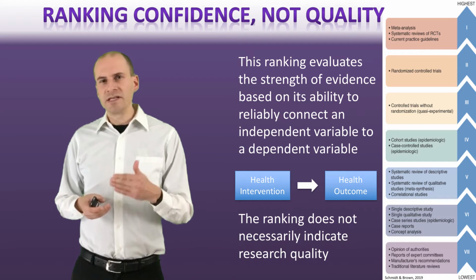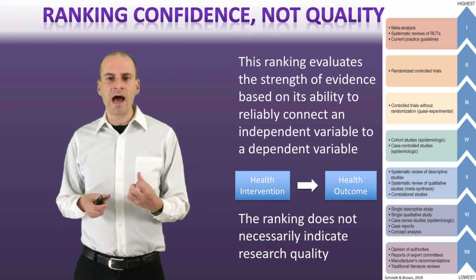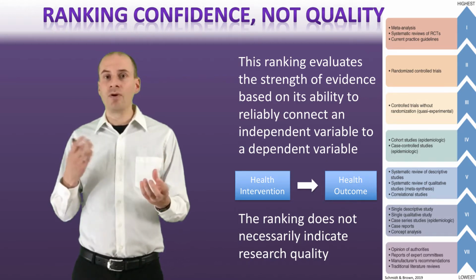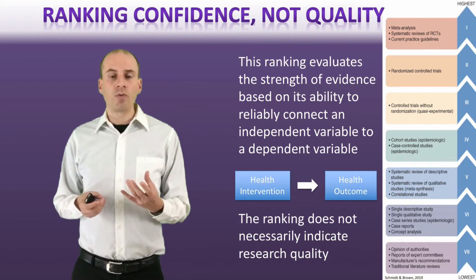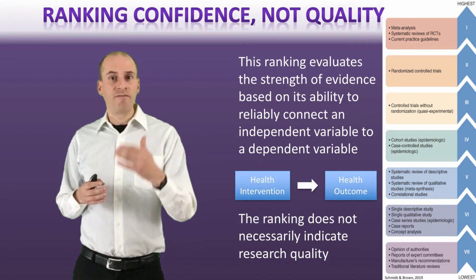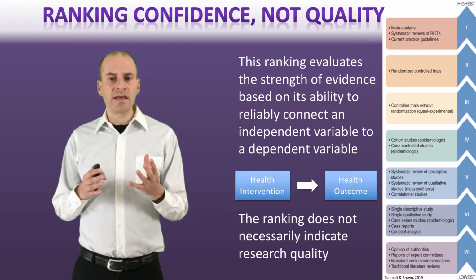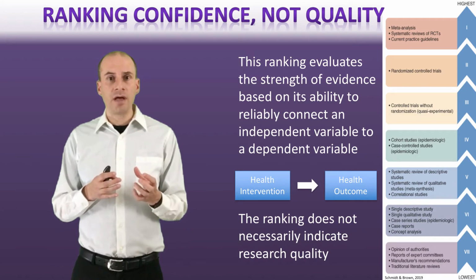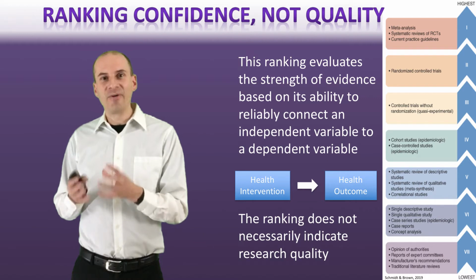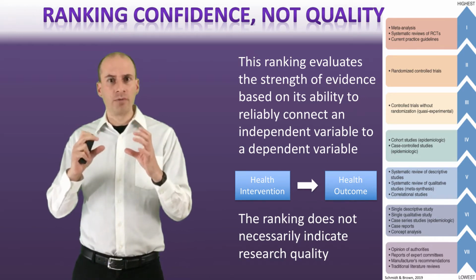What this ranking really is trying to say is essentially the confidence that we have that there's an association between an independent variable and a dependent variable. So in other words, for the types of publications that fall to the top of that ranking, if they say that some health intervention has an impact on a health outcome, we're more confident that the connection between those two variables is solid.